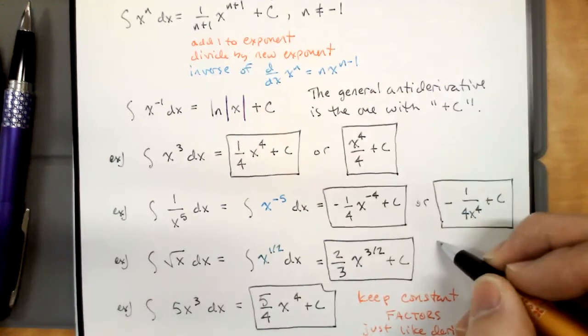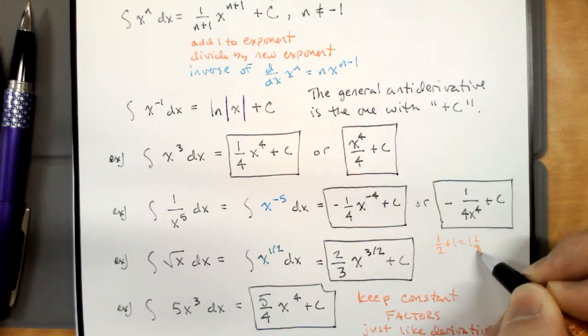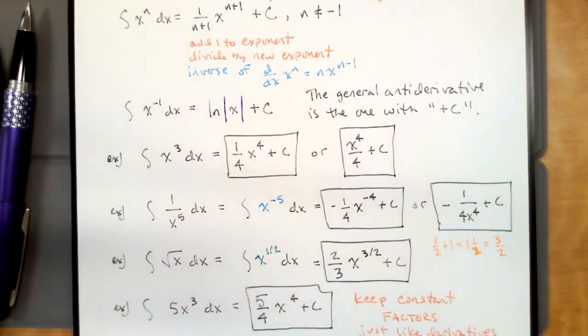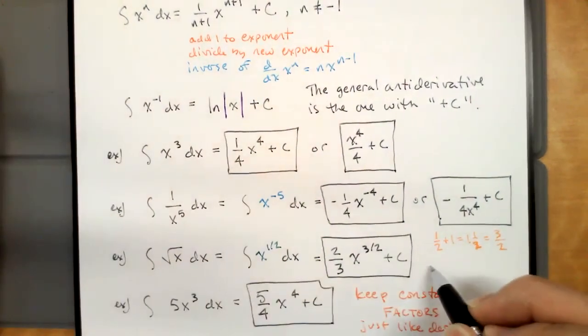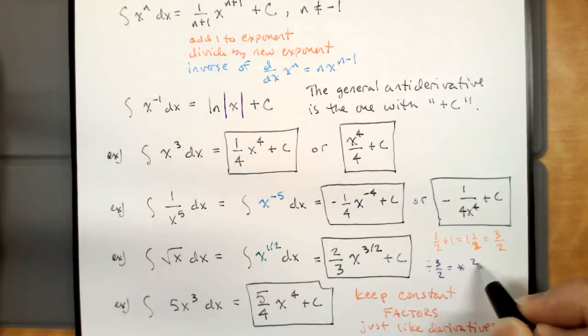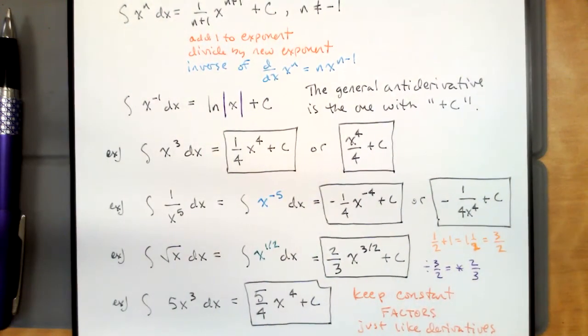And then we divide by the new exponent. If we're dividing by 3/2, that's the same as multiplying by 2/3. So that's how we go from the radical, the 1/2 power, add 1 to the exponent, divide by the new exponent, and there's our antiderivative.